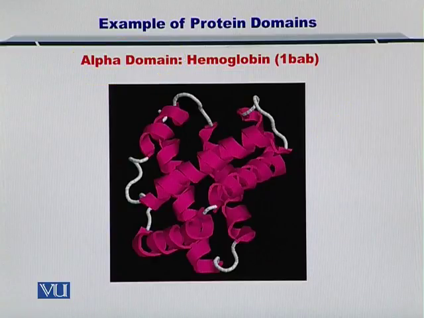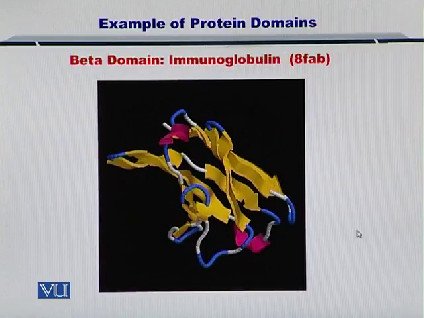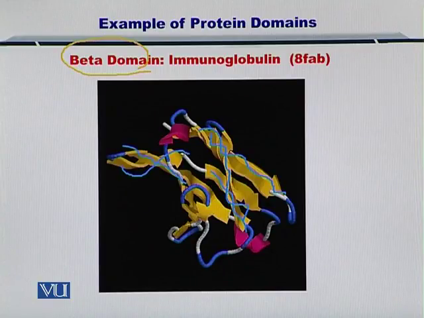After looking at hemoglobin, I'll show you immunoglobulin. This is a different protein as compared to hemoglobin, in that it is constituted by a beta domain. Here you can identify the beta sheets in yellow as shown here, and these are linked up by the loops in red.